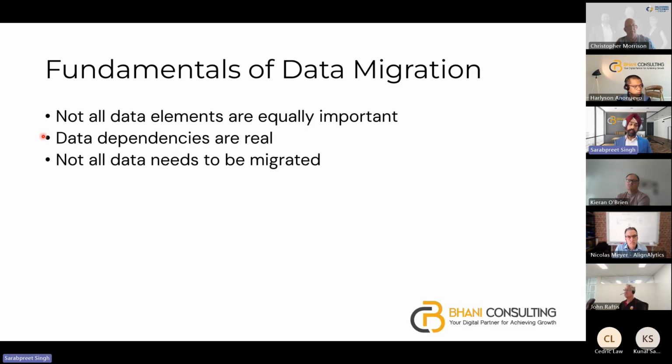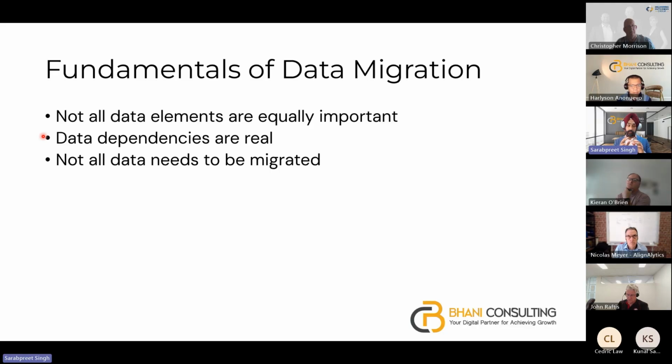The third one is: not all data needs to be migrated. We can make that conscious call to say, look, we are not going to migrate this. Just as an example, we do not have to migrate all the historic data from the last 10 years; that can sit on a database which we can access when we need, with the tools we have.